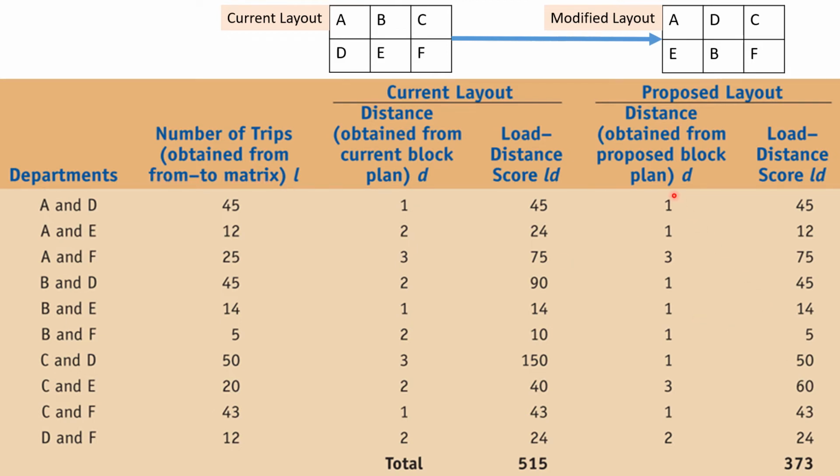And when we multiply with this new distance, or you can say distance obtained from the rearranged or reconfigured layout, we get this load distance score, and when we add up, we get 373. So obviously we can minimize the load distance score. So our modified layout is better than the current layout, we can say.